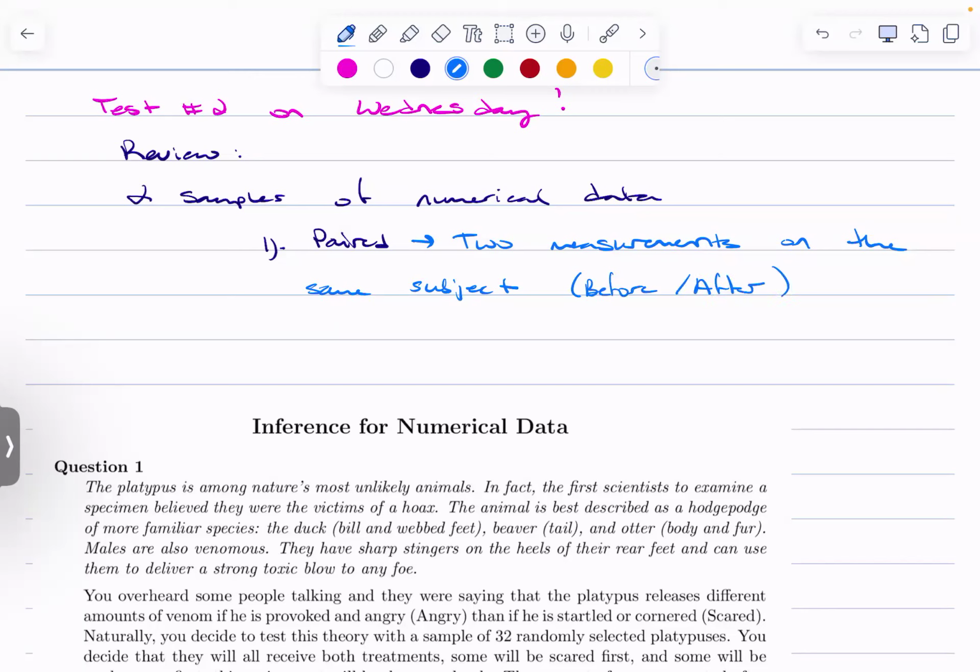You write a test before you do some course, and then you write the same test afterwards to see how much you've improved, or maybe a similar test. So you've got these before and after scores. Those are the most common. But anytime that you have made two measurements on the same subject, it's considered paired.